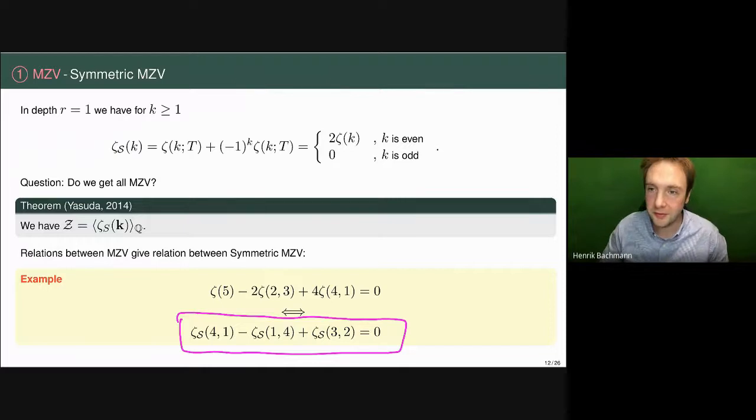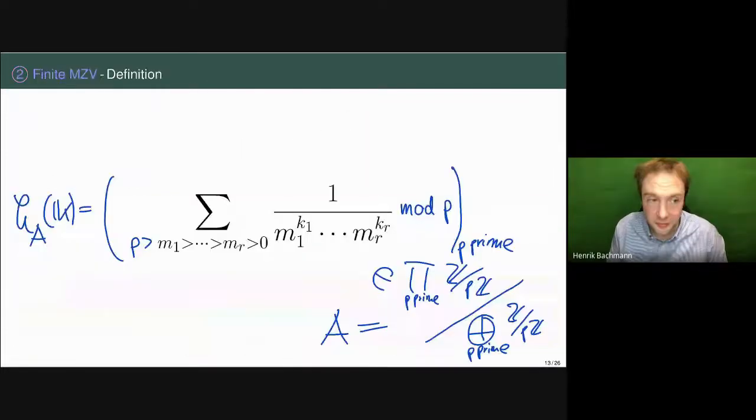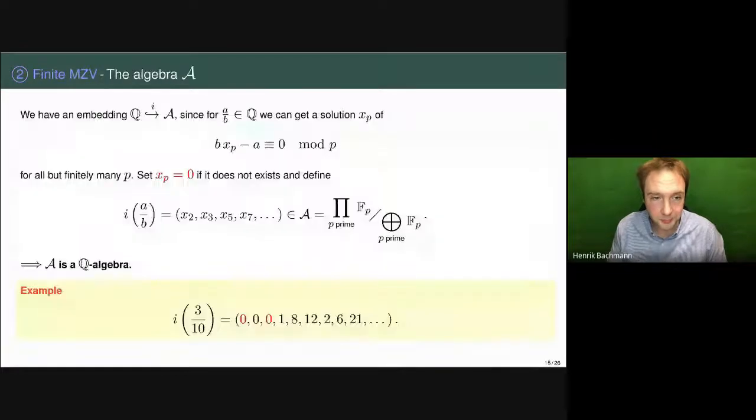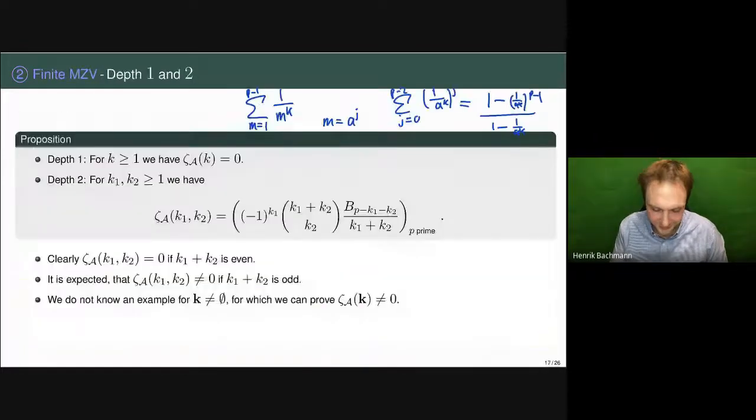So zeta S of 2 is just 2 times zeta 2. So there's a difference here: zeta S of k is 2 times zeta k, but here zeta A of k is 0.